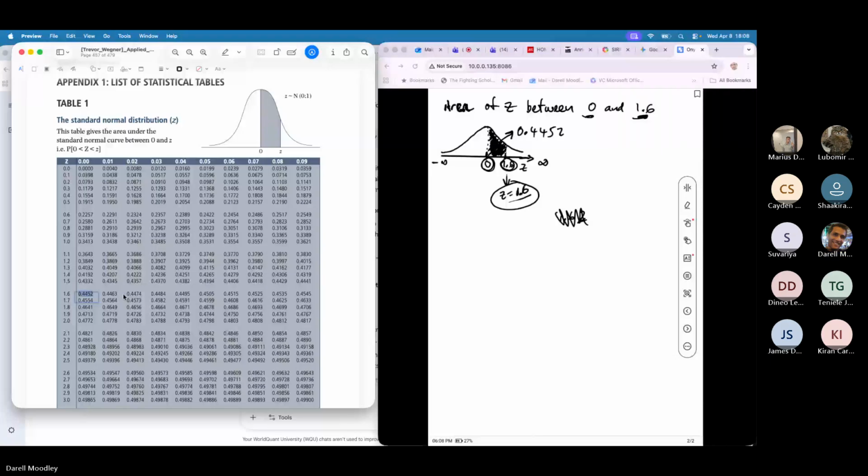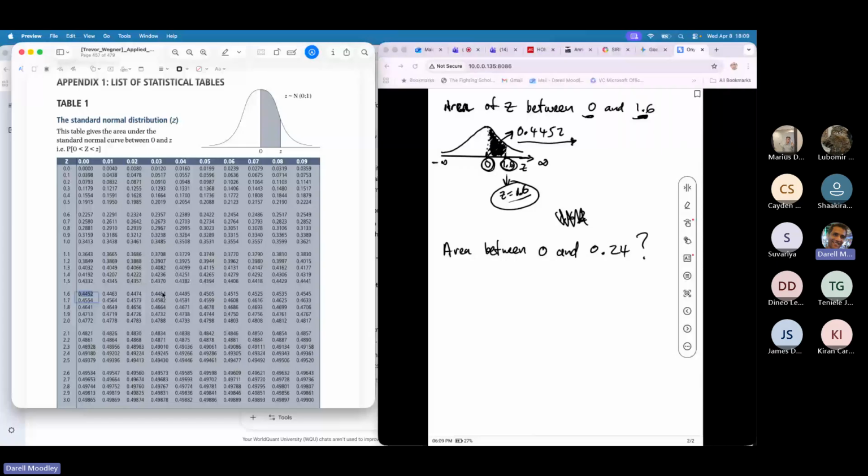Okay, all right. So for the next question, what is the area between 0 and 0.24? What would that be using this table?